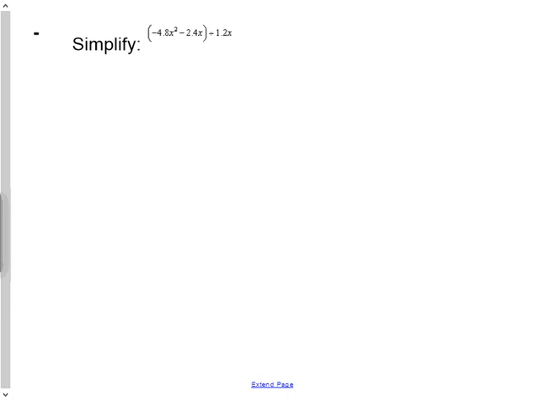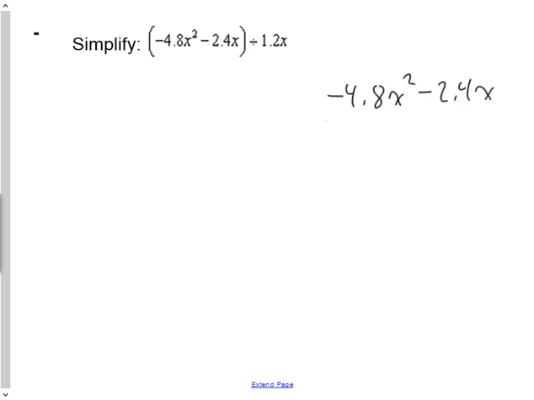Okay, your next question, again, is a binomial in brackets, divided by a monomial. Now, keep in mind that if I was to rewrite this, I could have written it with this division line.